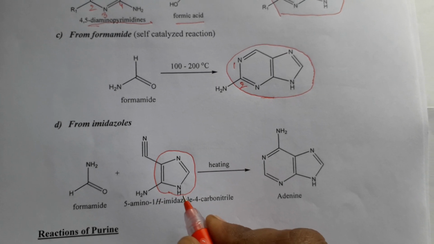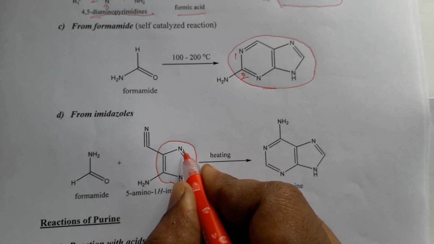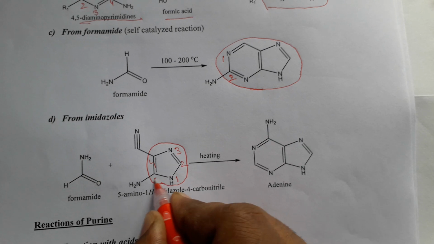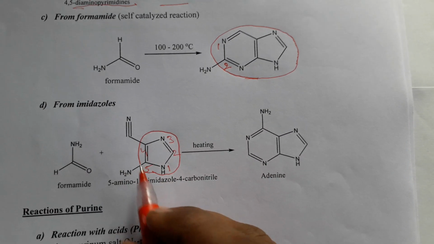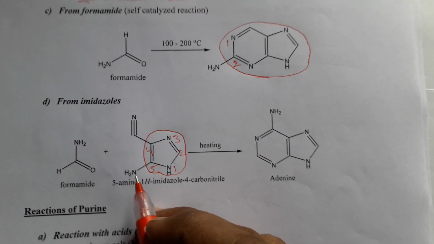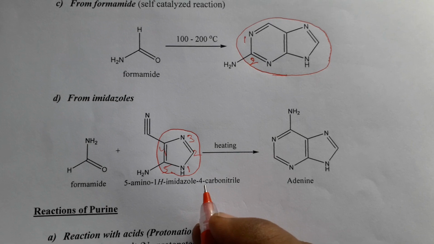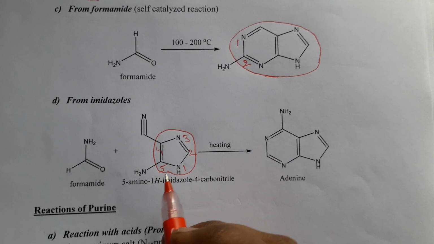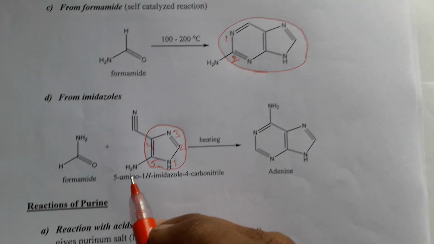The numbering system of this imidazole: this is the first position, second, third, fourth position, fifth position. So at the fourth position we have the nitrile group and at the fifth position we have the amino group. So 5-amino-1H-imidazole-4-carbonitrile. This is the imidazole derivative consisting of a nitrile group and an amino group.